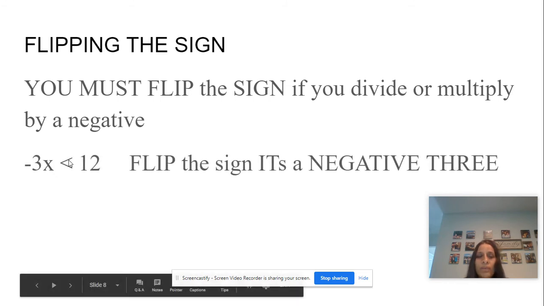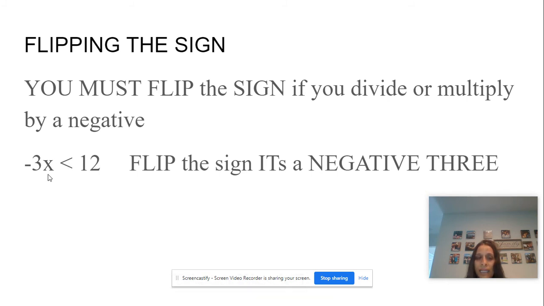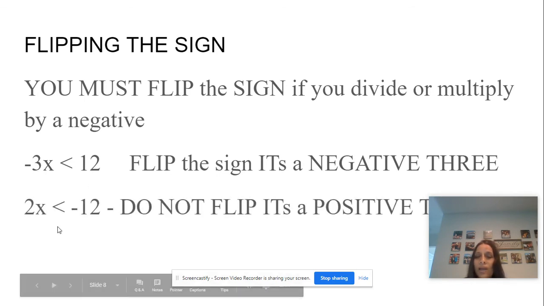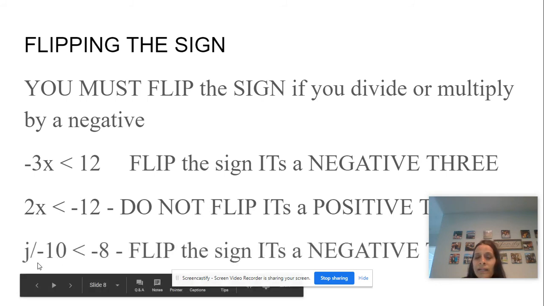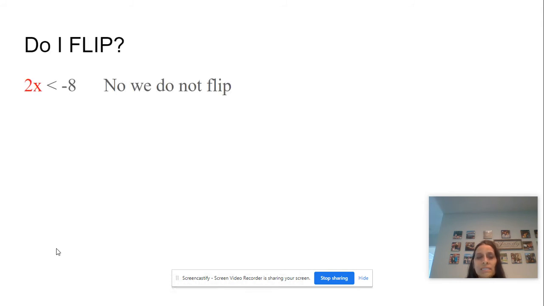Here we would make this less than sign a greater than sign because that's a -3 in our final answer. Here we're not going to change this less than sign because that is a +2. Here we would change that to a greater than sign because that is a -10 in our final answer.